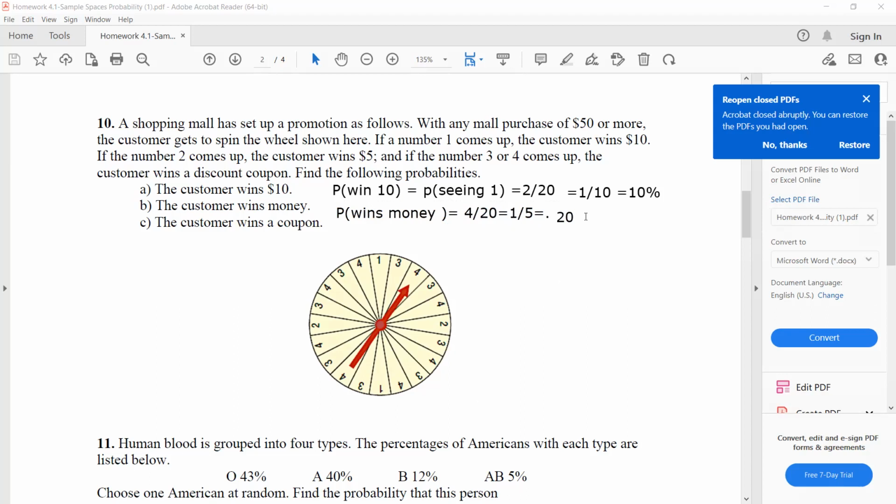So it equals 20%, right? So they have a 20% chance of winning some money, right? All right, now how about winning a coupon? They win a coupon if they get 3 or 4 to come up.